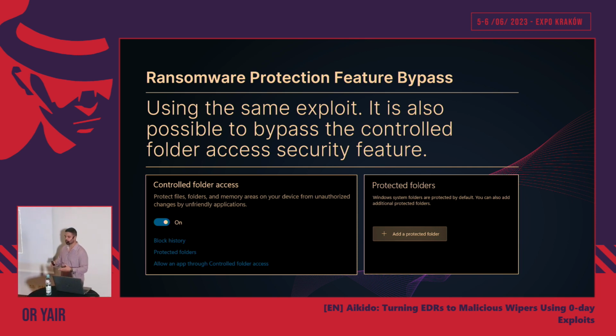But the controlled folder access feature is not going to prevent basically the most trusted entity on the system, which is the EDR or the AV, from deleting a file. Especially not if it thinks that it's malicious, it wouldn't make any sense. So this is how we can also bypass this feature using these exploits.